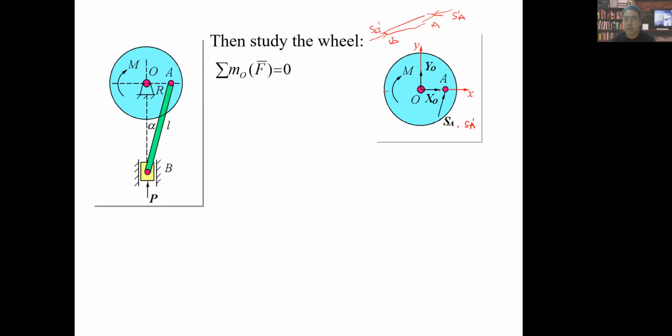We have XO and YO. So we give this moment equation: sigma MO(F) equals 0. These two forces do not need to be considered because their moment to point O always equals 0.